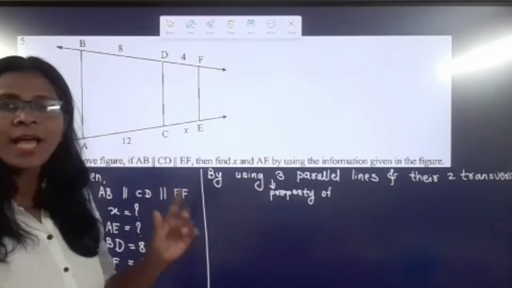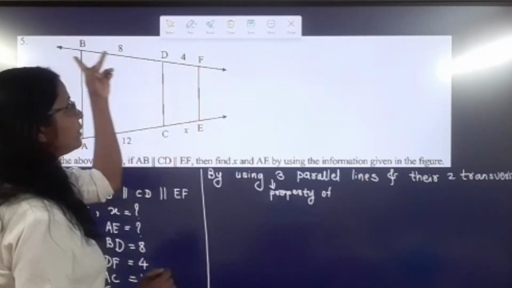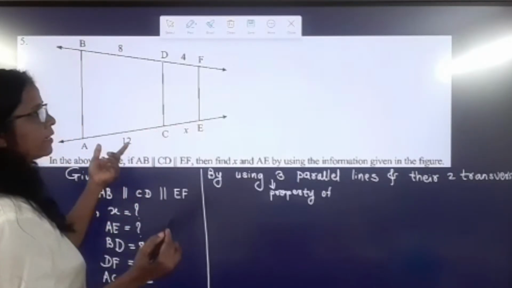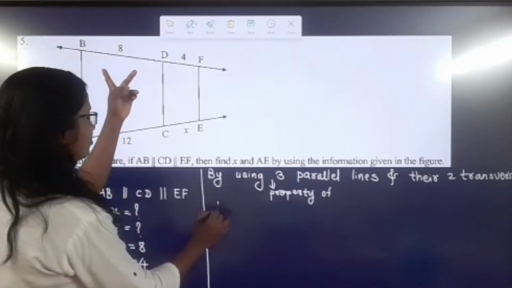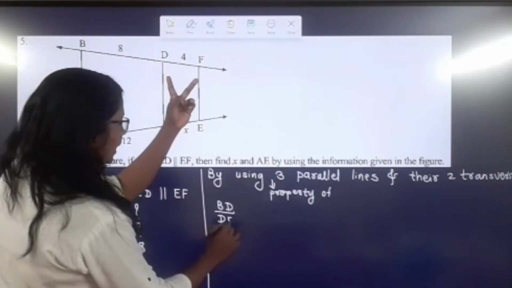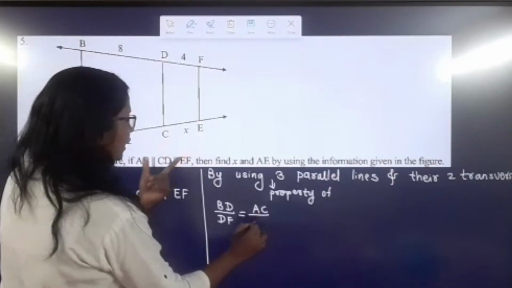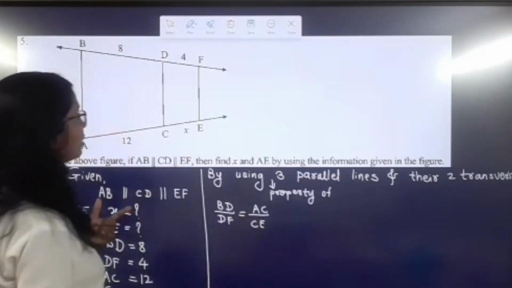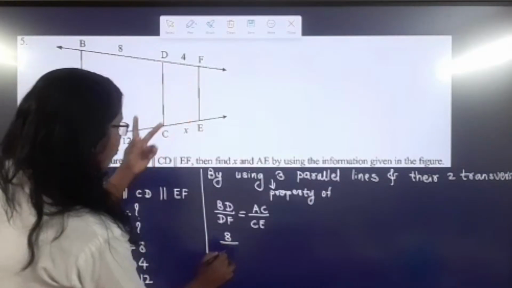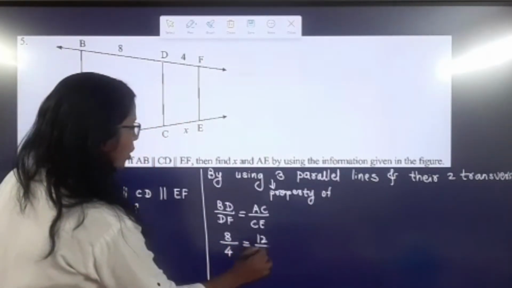So the ratios are equal: the ratio on the first transversal is equal to the ratio on the second transversal. So the ratio becomes BD upon DF is equal to AC upon CE. So now BD is 8, upon 4, is equal to 12 upon x.